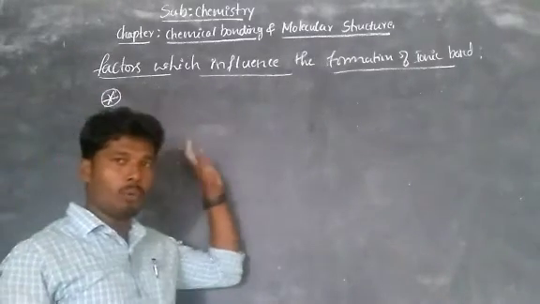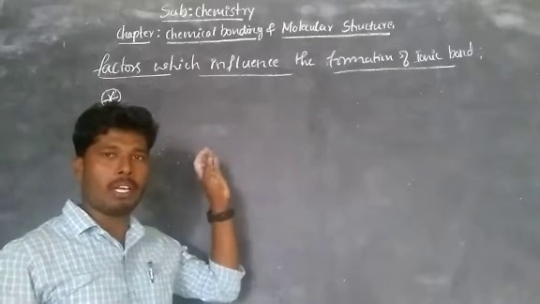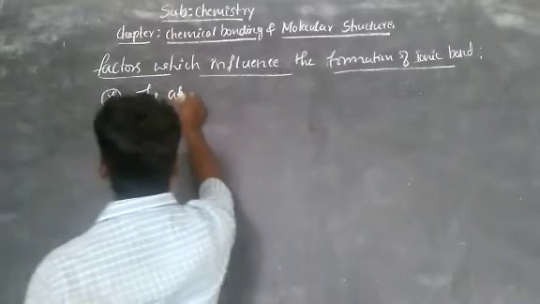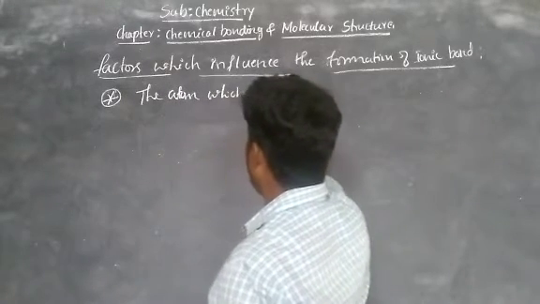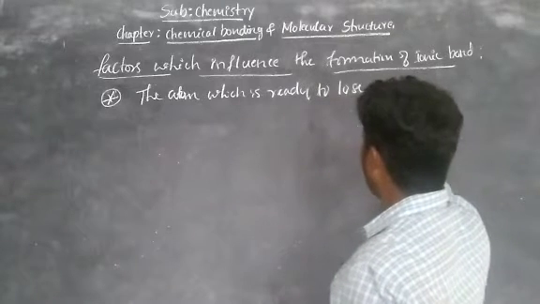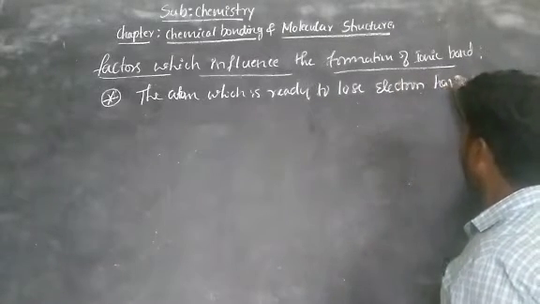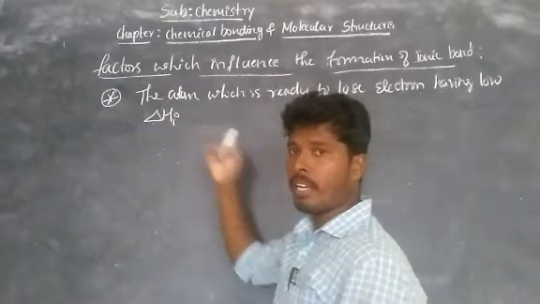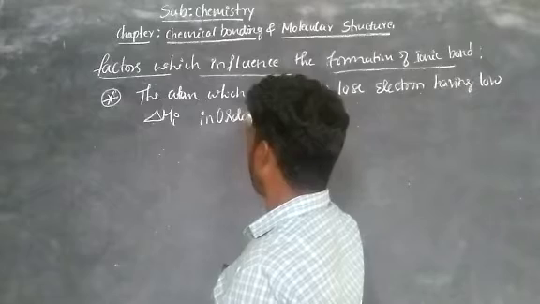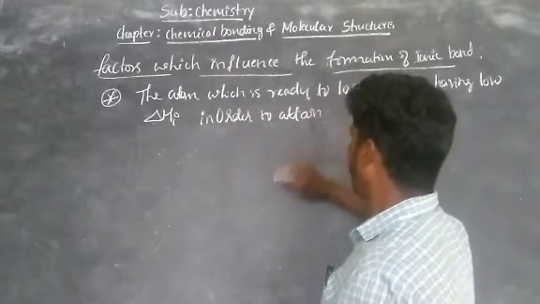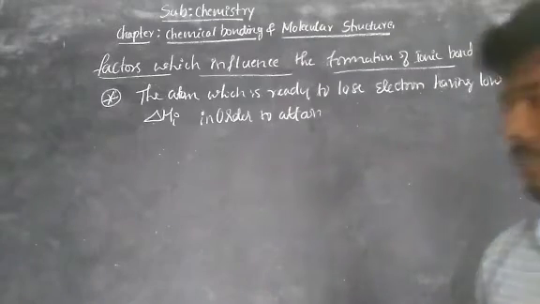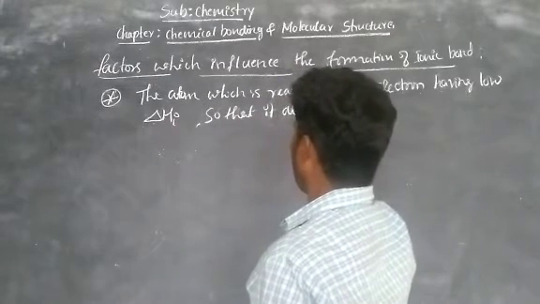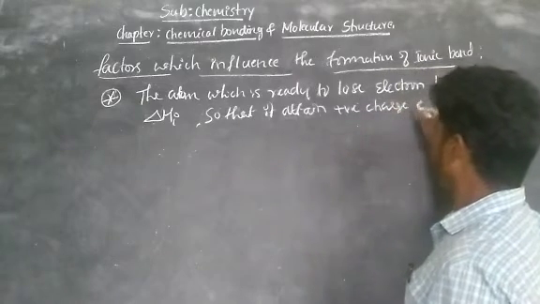is the atom which is ready to lose electron should have low ionization enthalpy, that is delta Hi, that is change in ionization enthalpy, so that it attains positive charge easily.